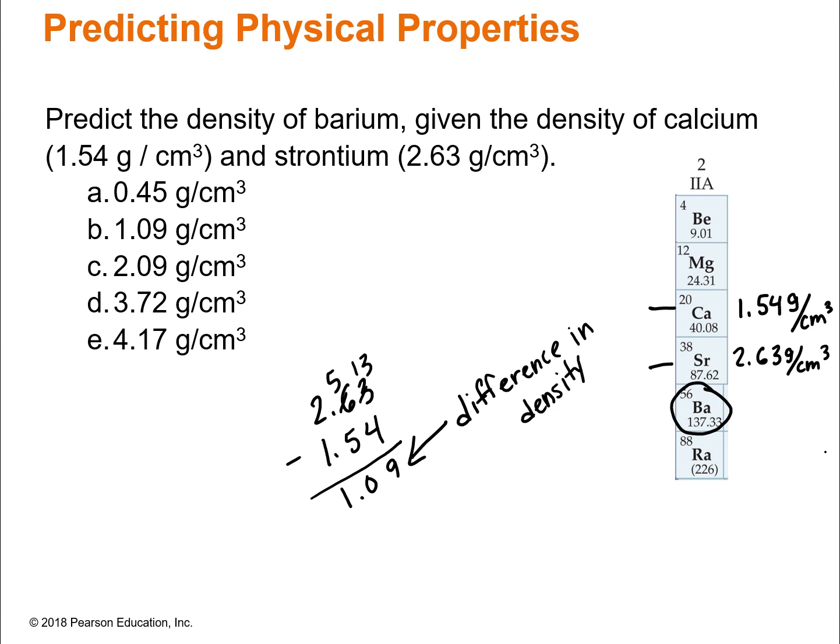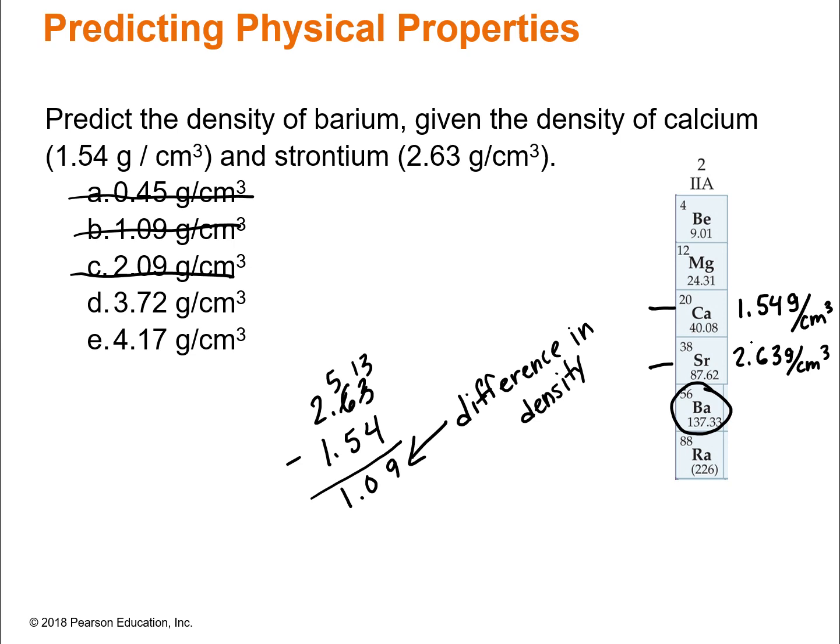So when we're figuring out the barium, we know that it should be bigger than strontium. So we can automatically get rid of A, B, and C. Without even doing the math, we could do that. But to figure out whether it's D or E, we had to figure out the difference in density between calcium and strontium.